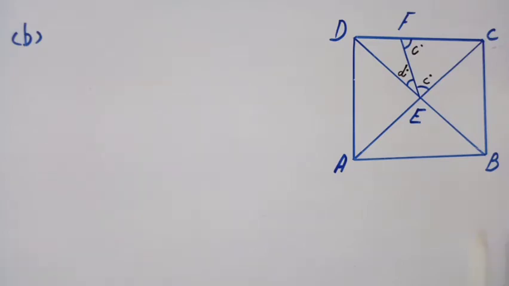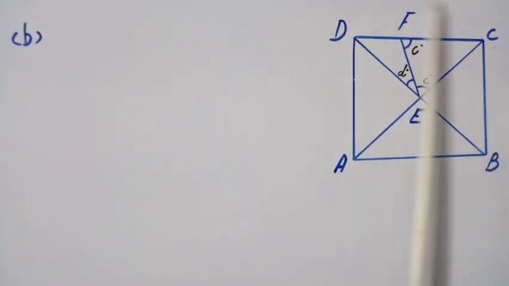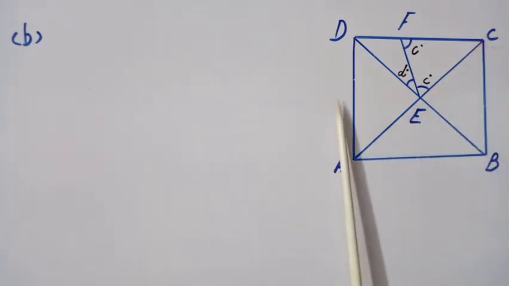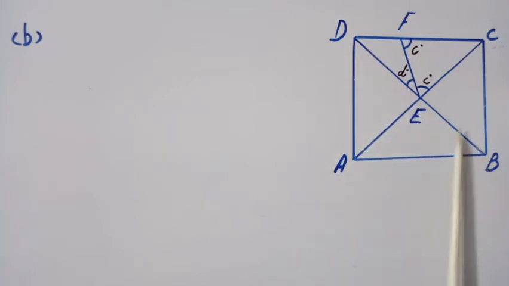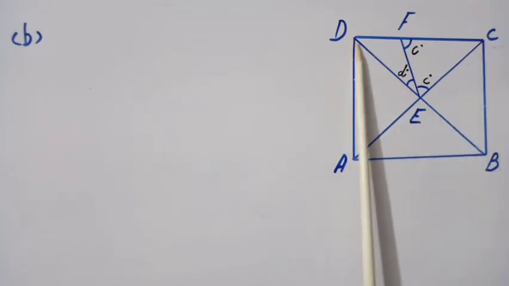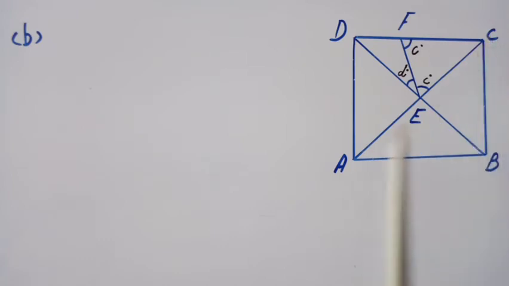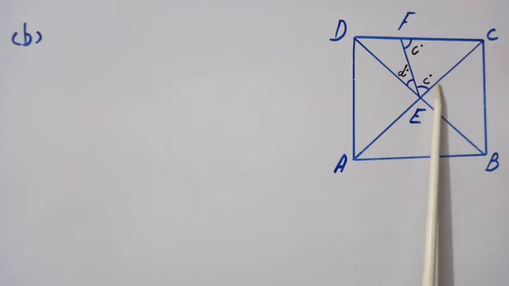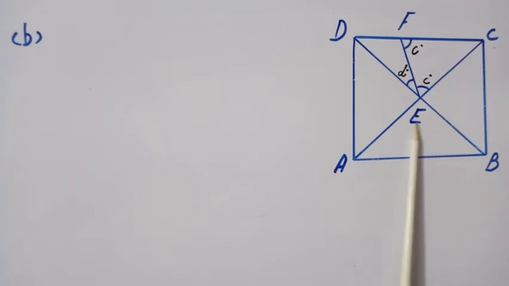Now we start our story from this portion. Watch it. These are the diagonals of the square. The diagonals of the square intersect one another at an angle of 90 degree. This angle is 90 degree, this angle is 90 degree.